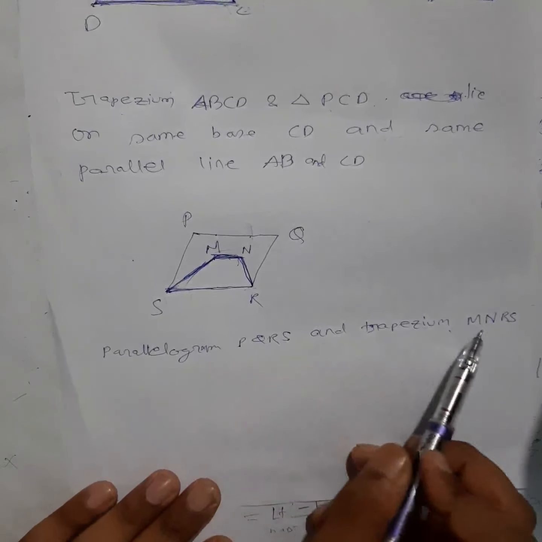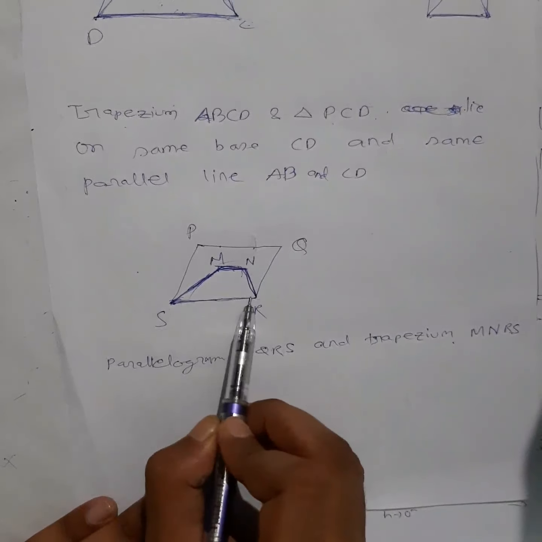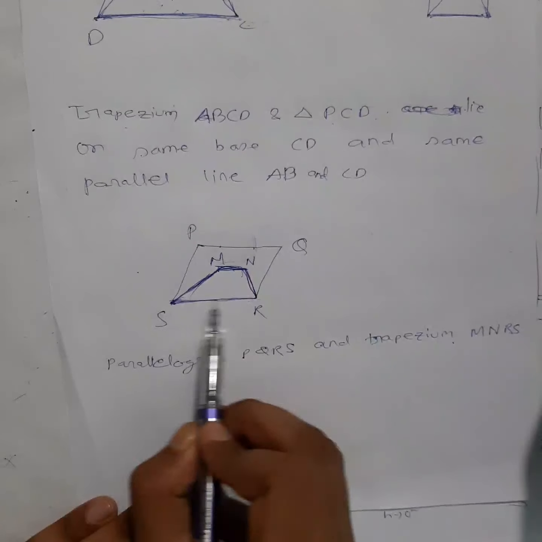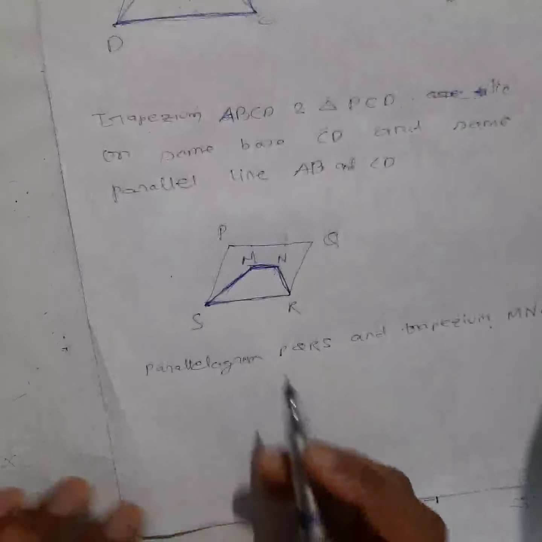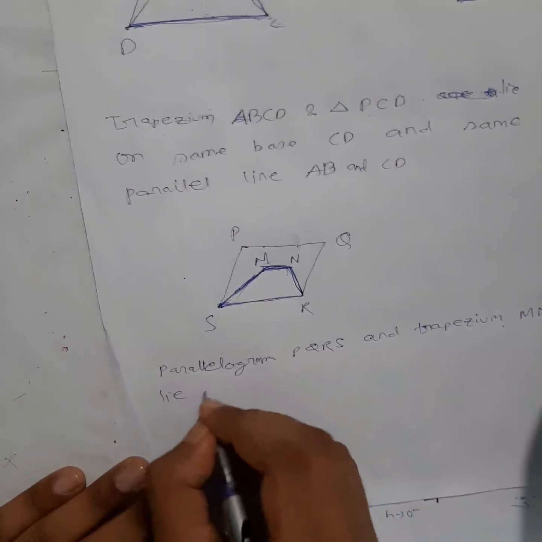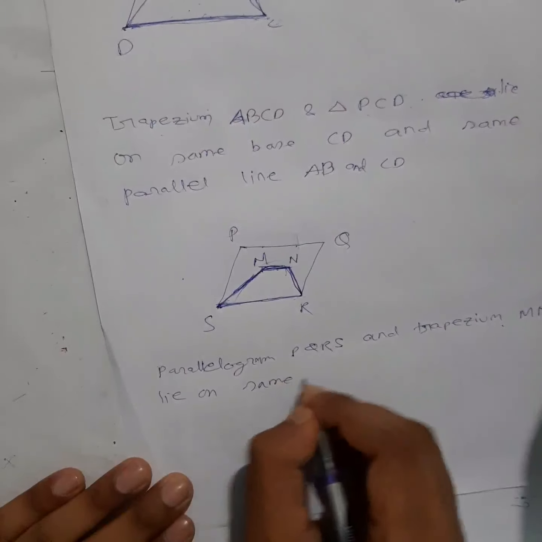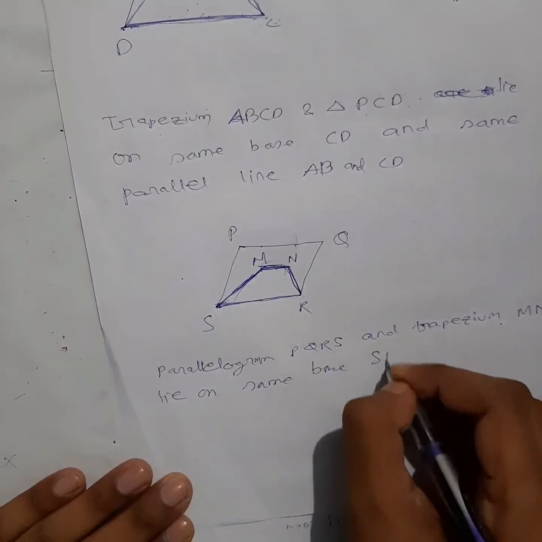Parallelogram PQRS and trapezium MNRS lie on the same base. You can see SR is the base for both quadrilaterals. Both lie on the same base SR.